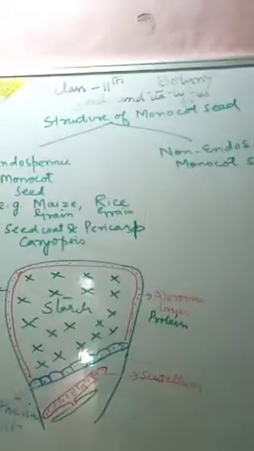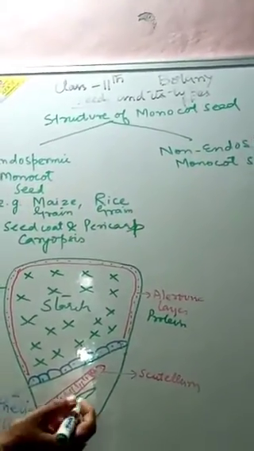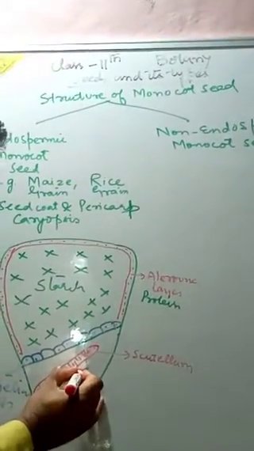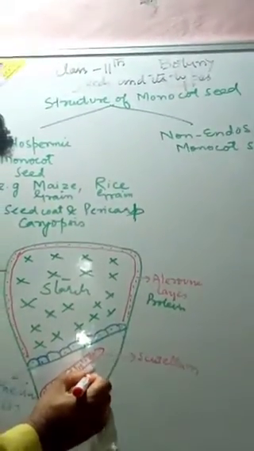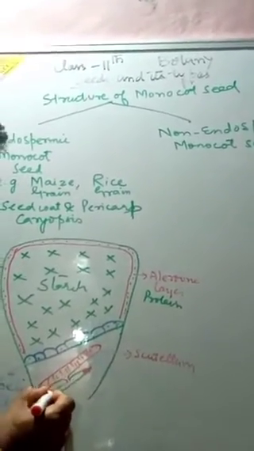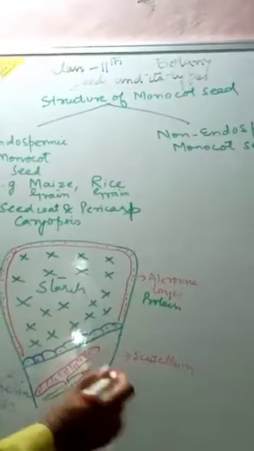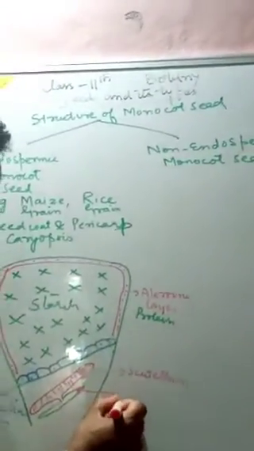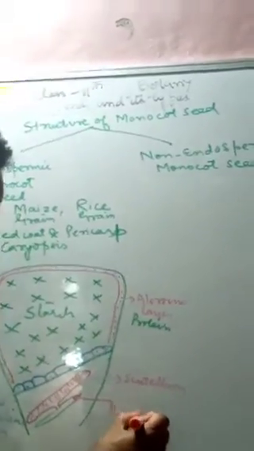In this embryonic axis, we see the plumule layer. The tip of the plumule is covered by a scaly layer or protective sheet which is called the coleoptile.